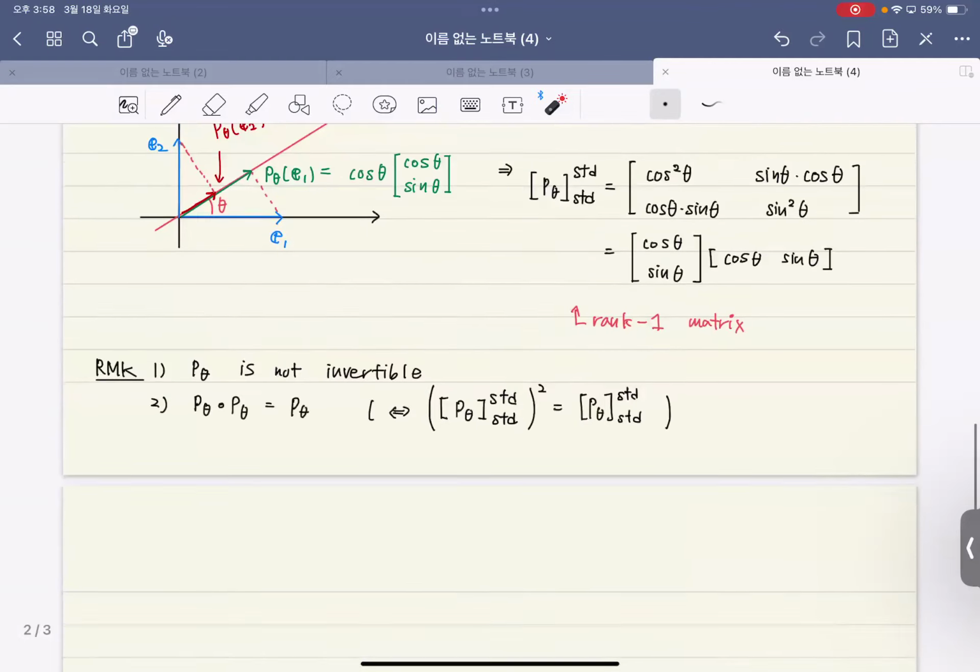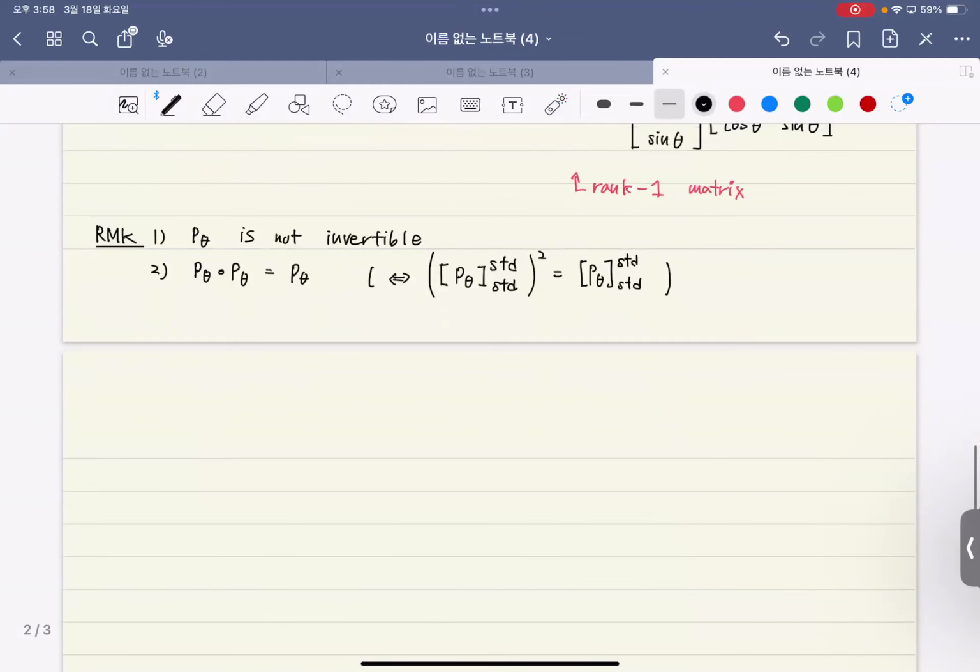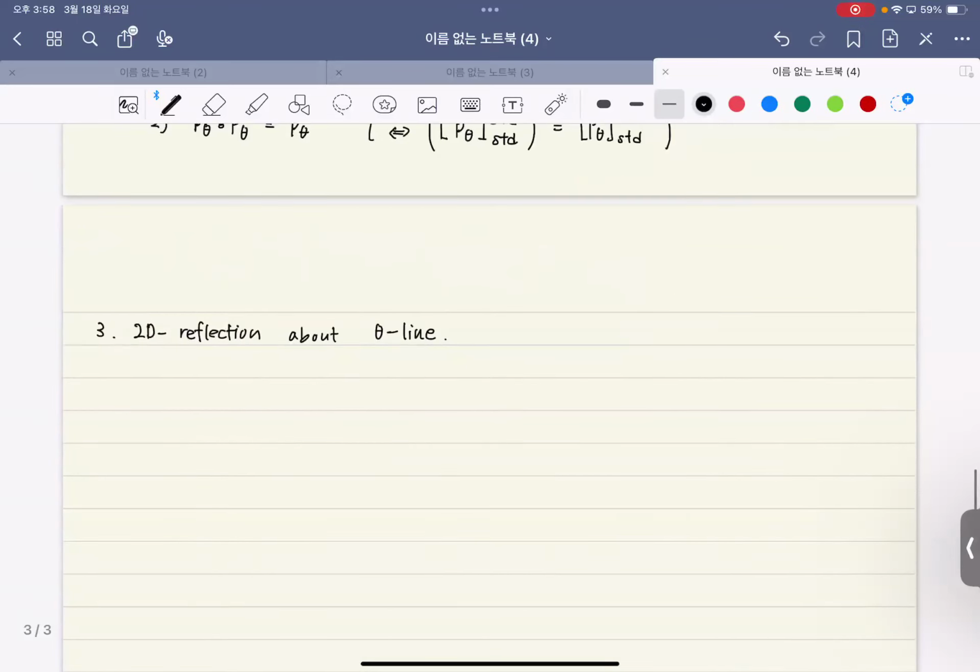All right, and the last, number 3, is two-dimensional reflection about the data lines. So what is a reflection?